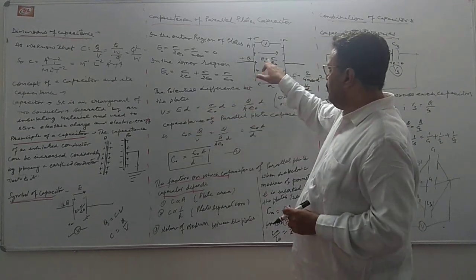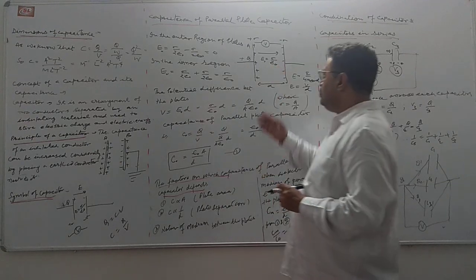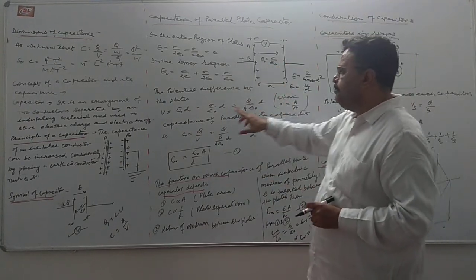E is the electric field, so you can write here electric field E naught, because the vacuum is there in between the plates.